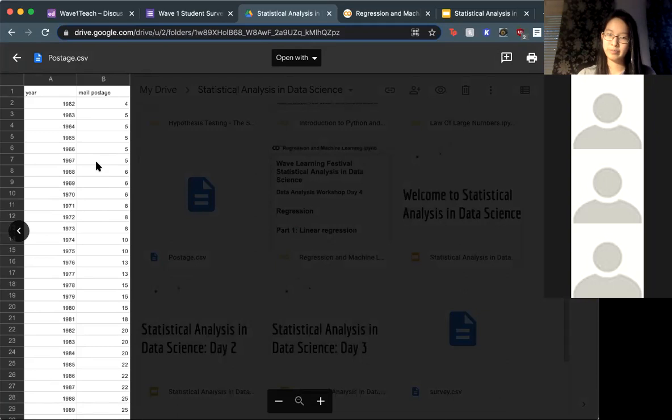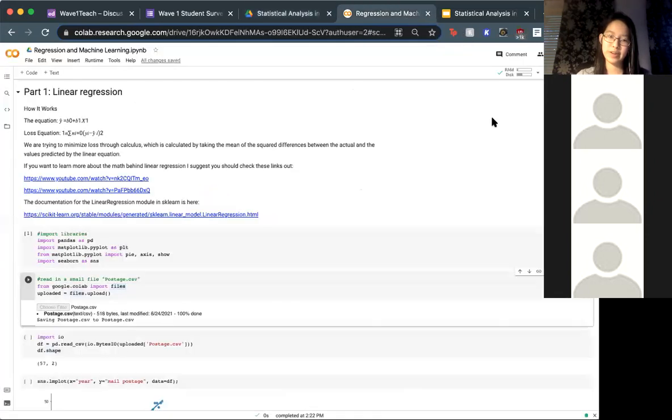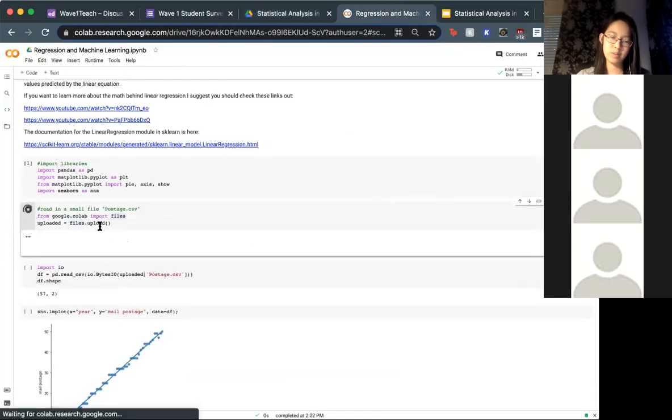What we're trying to determine here with this data set, once you've got that downloaded, is whether there is a correlation between the amount of mail postage and the year. So download that real fast and then upload it into here.